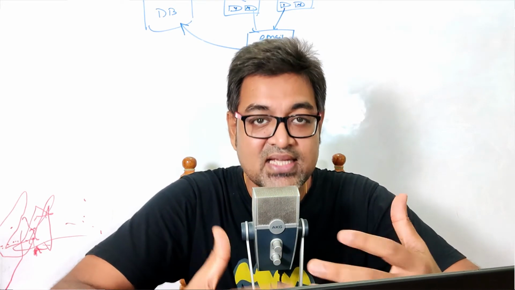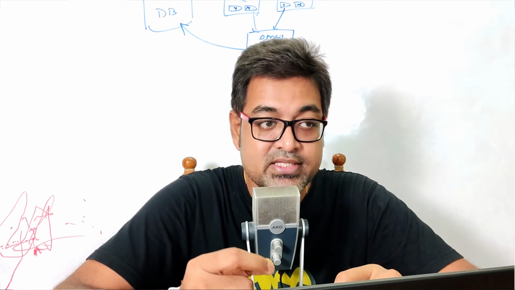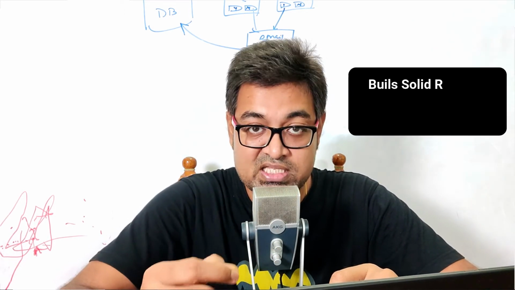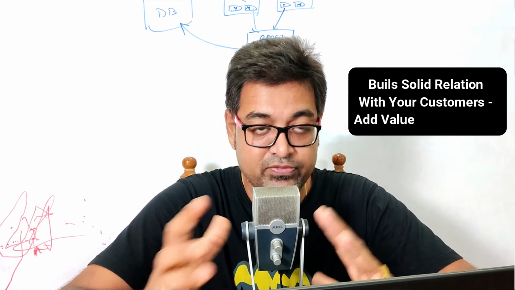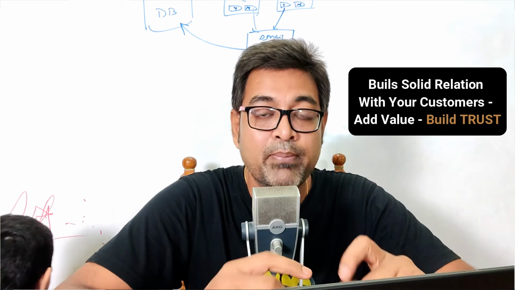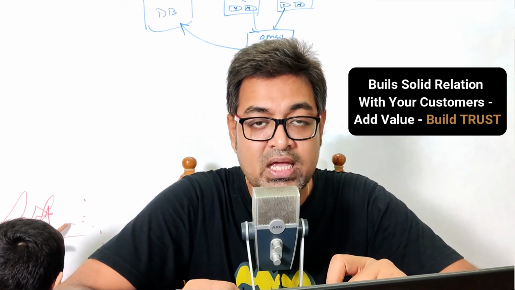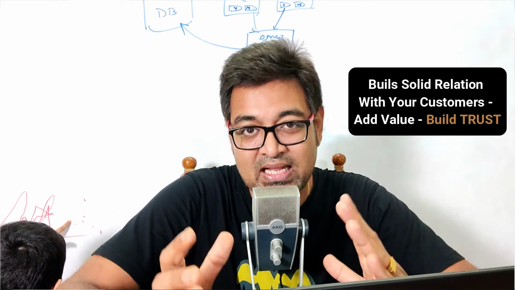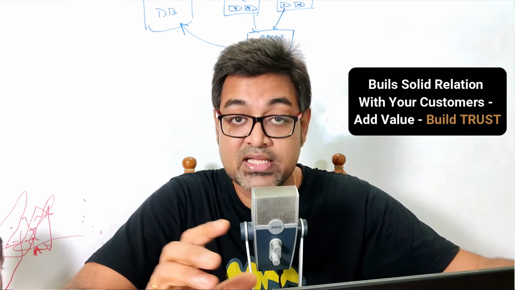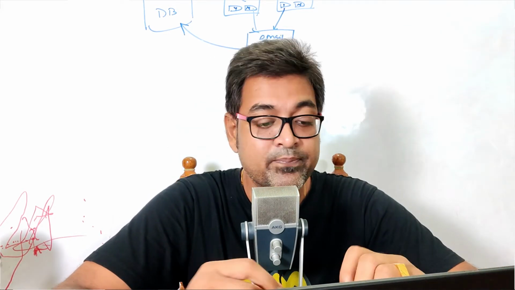Because when you start collecting details of your customers, the best thing that happens next is you will be able to establish your relationship with them. You can add value to their life, whatever reason they opted in for your business. You can add value by sending them emails, updates, something related that can actually help them in creating a good business, that can help them solve a particular problem, right?